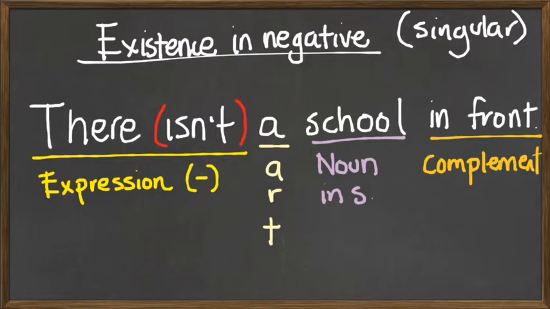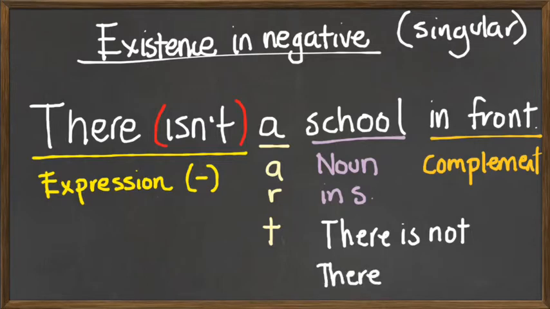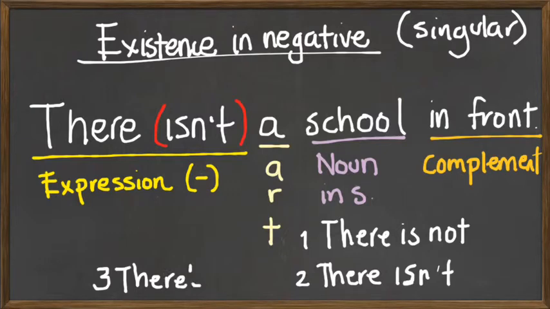The first form is there is not, the second one is there isn't, like the one I used in the example, or the third one, which would be there's not.